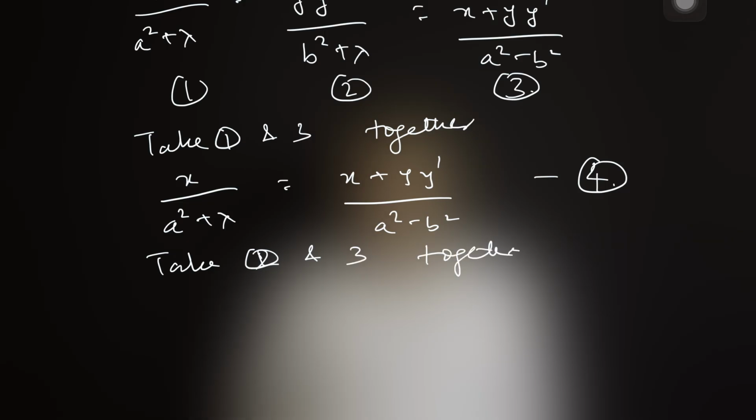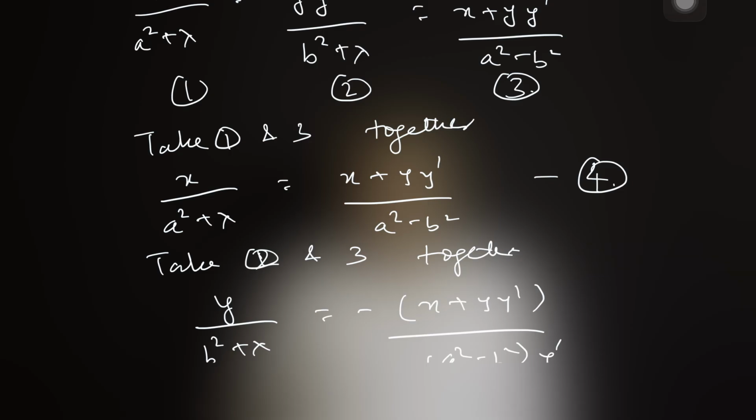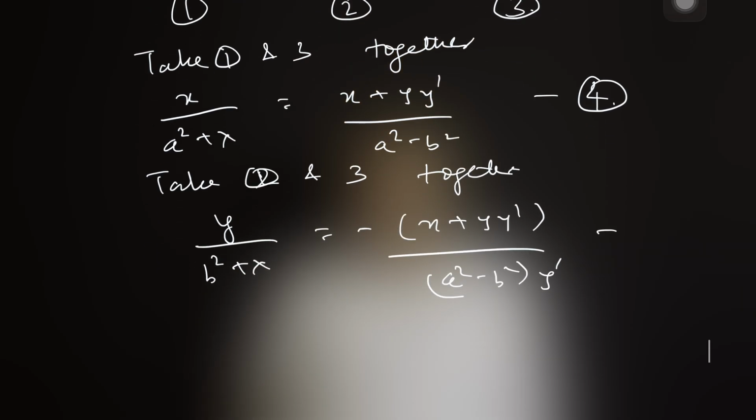Let me call this equation number 4, and similarly if I take equation 2 and 3 together, I have y upon b square plus lambda is equal to minus of x plus y dash upon a square minus b square times y dash.